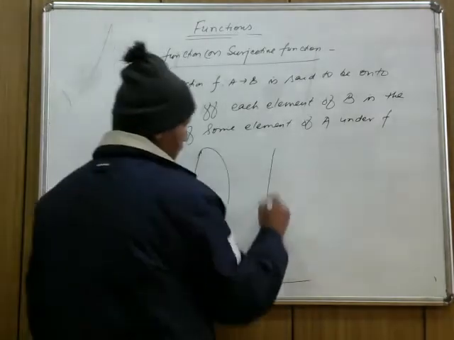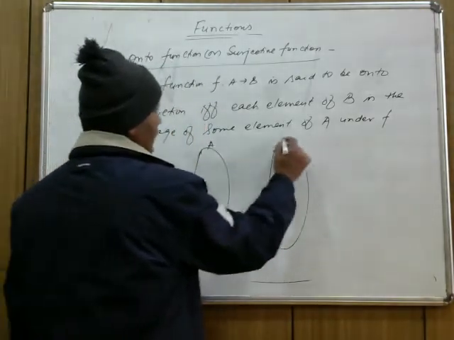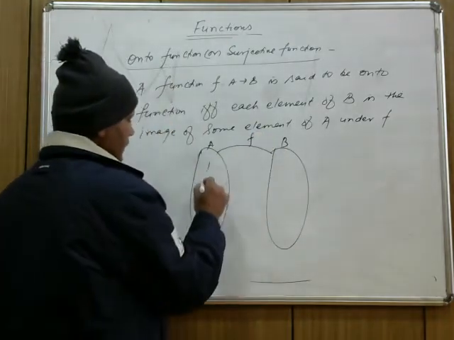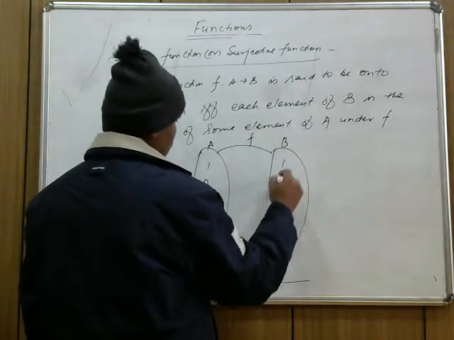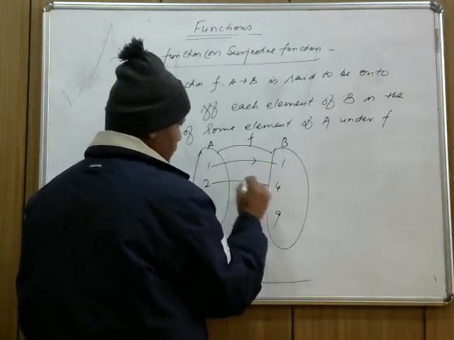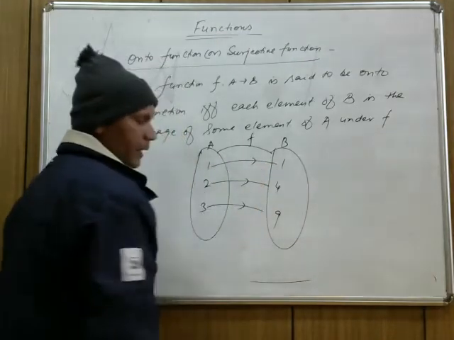For example, whenever you have to check whether the function is onto, take 1, 2, 3 and 1, 4, 9. The f image of 1 is 1, f image of 2 is 4, f image of 3 is 9.